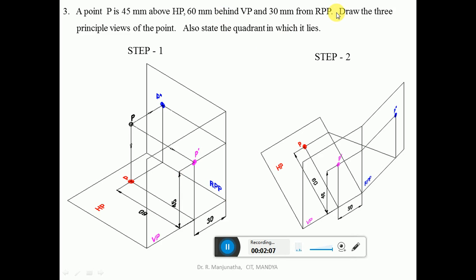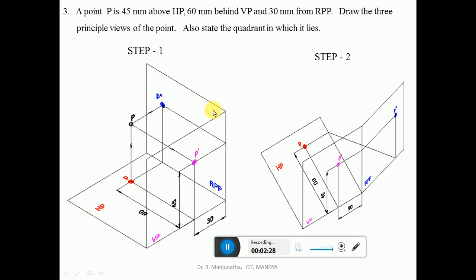So for that we have to see the condition of observer. When the observer looks from the front view, the plane is between the object and the observer. When the observer looks from the top view, the point is between the plane and the observer.